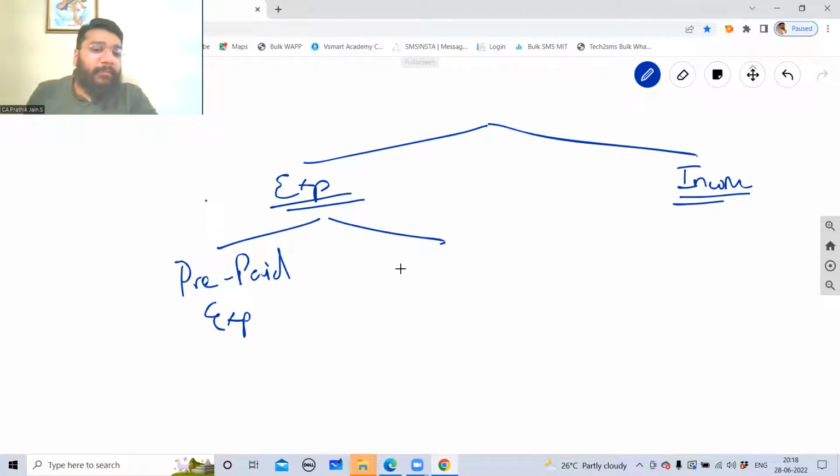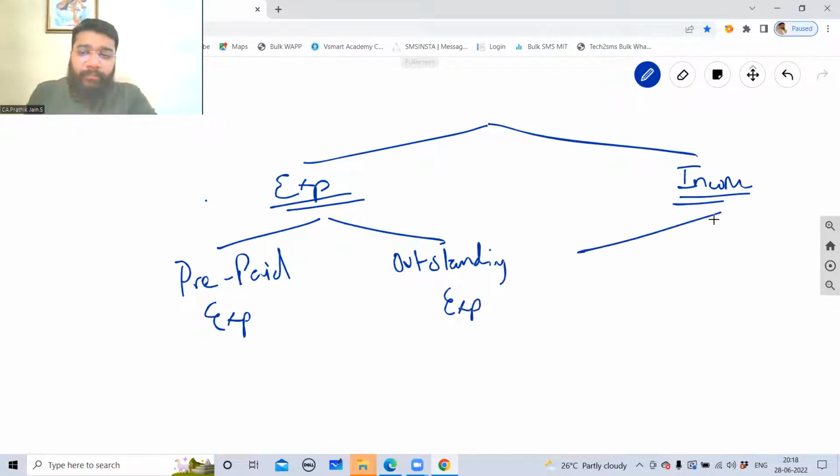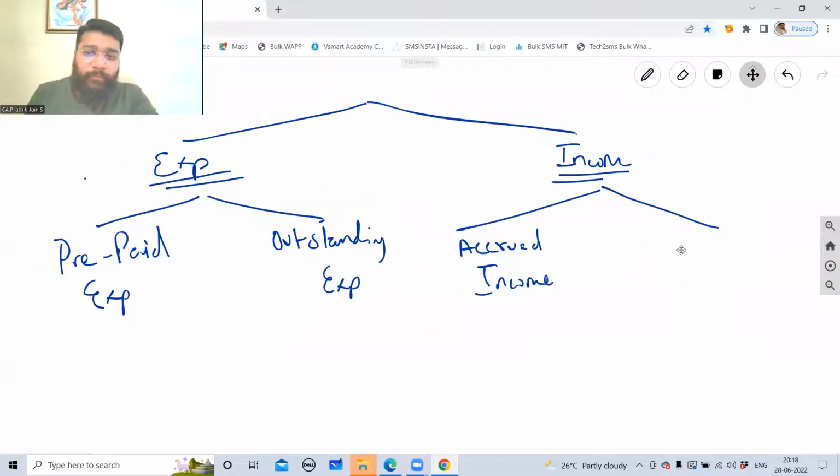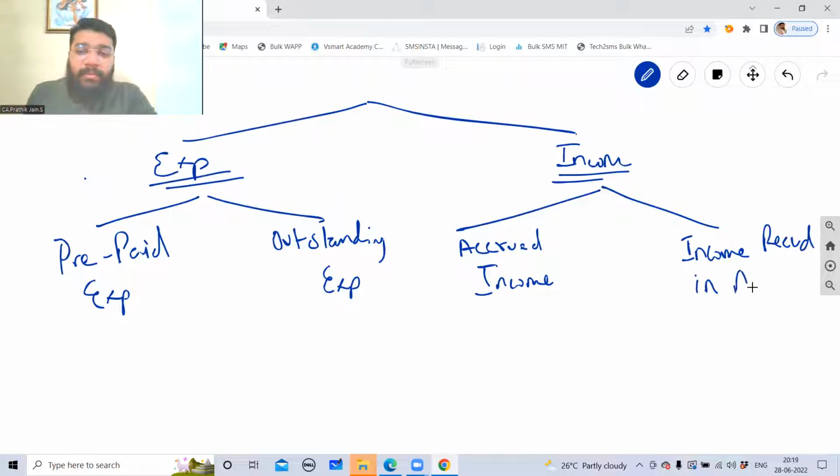Prepaid expenses, outstanding expenses, accrued income, income received in advance.